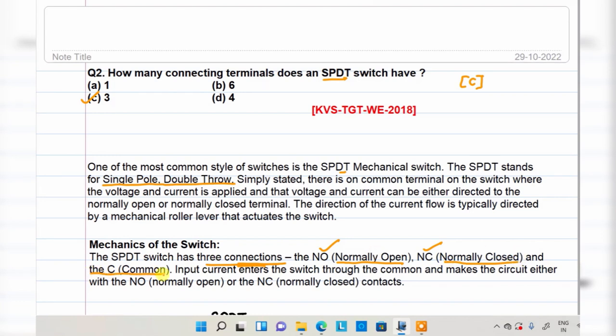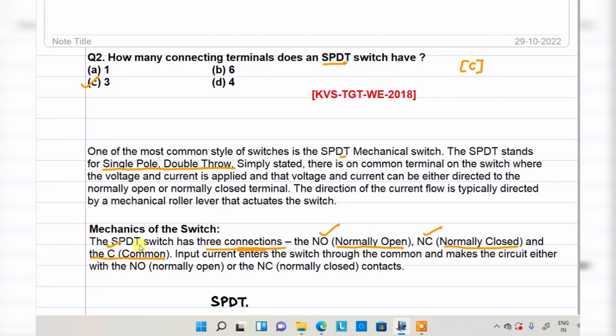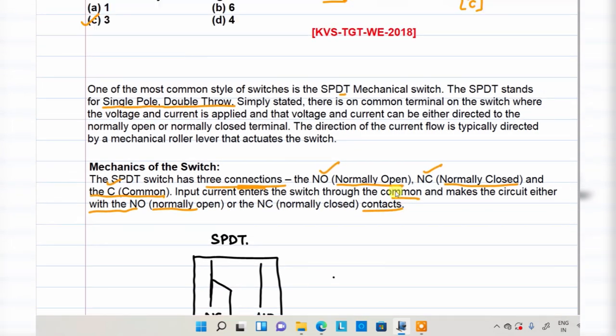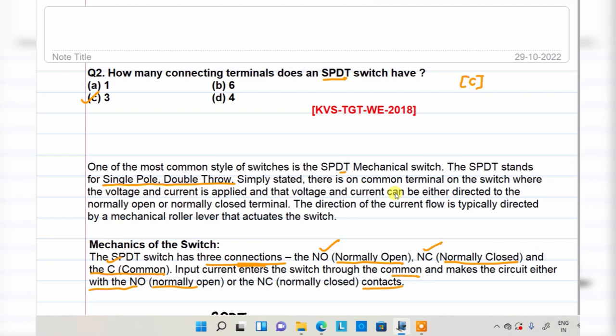And the third connection is C, common. So these three connections are there: normally open, normally closed, and the common point. The input current enters the switch through common, and makes the circuit either with the NO, normally open, or NC, normally closed contact. Okay, this is the second question explanation.